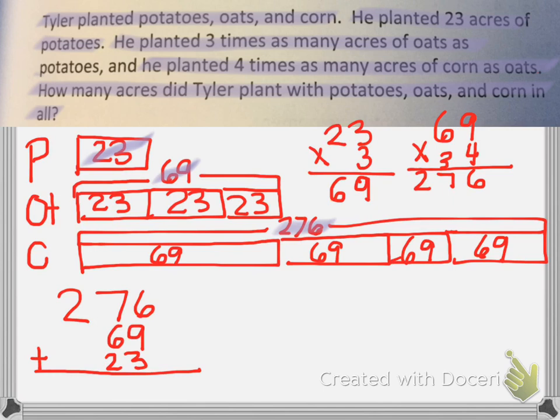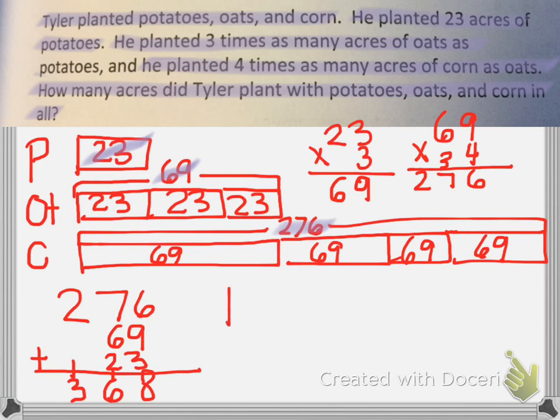Nice job. 6 plus 9 is 15, plus 3 more is 18. 1 ten, 8 ones. 7 plus 6 is 13, plus 2 is 14. 15 plus 1 more is 16. 2 plus 1 is 3.